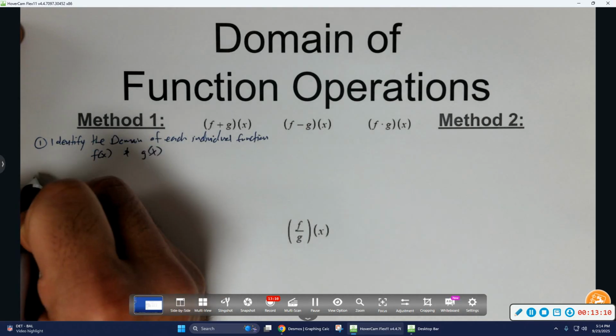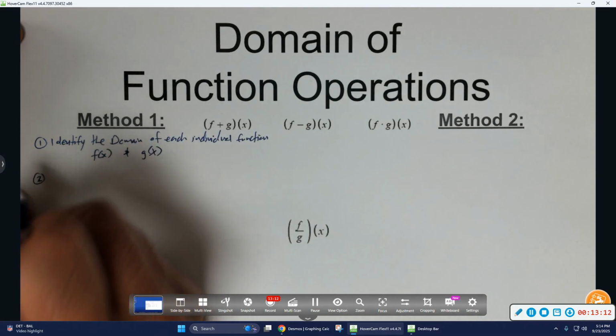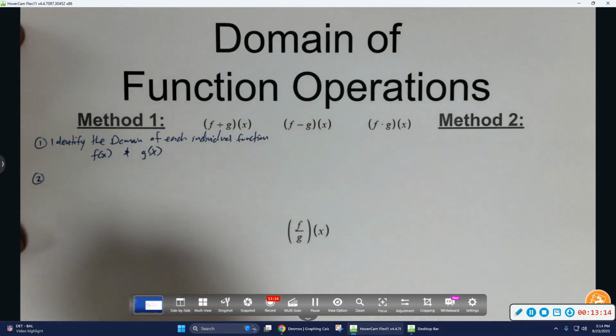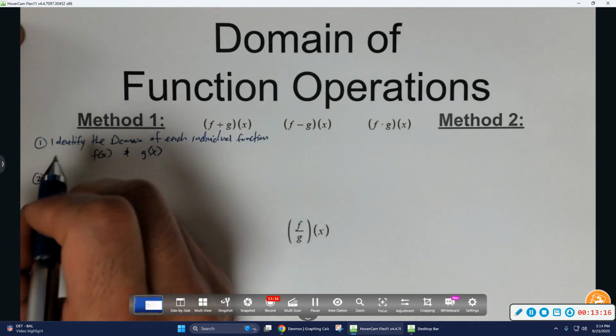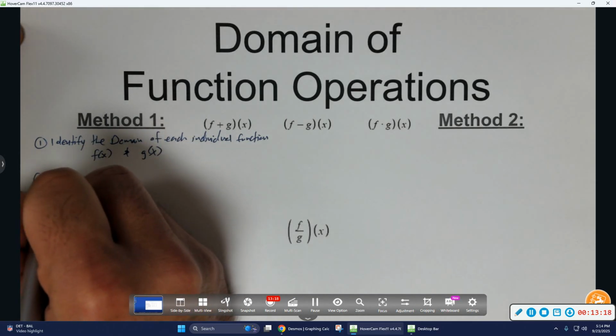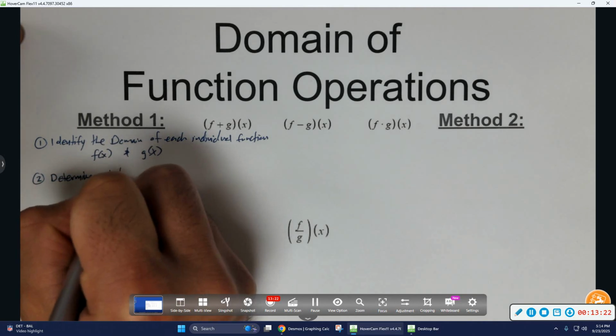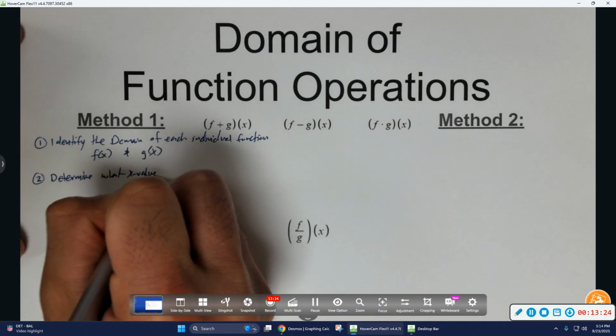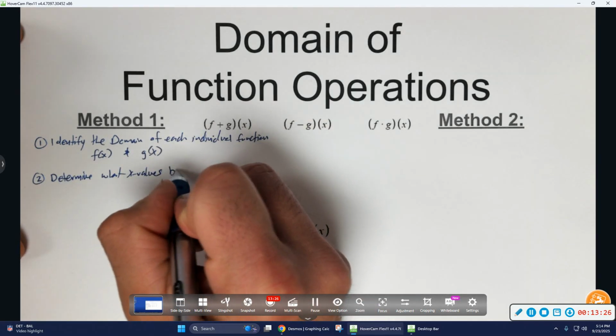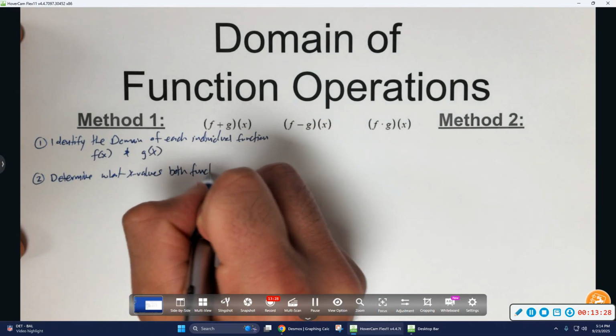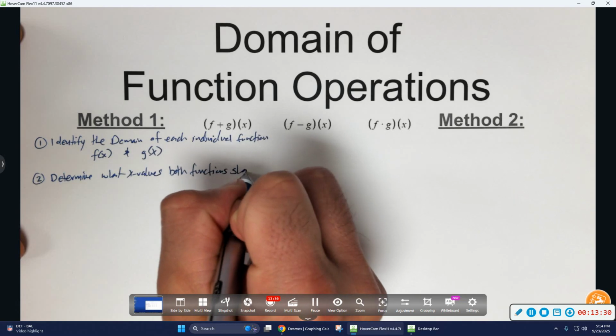Then you want to figure out graphically for what x values, determine what x values both functions share in common.